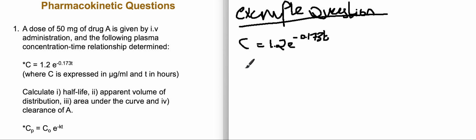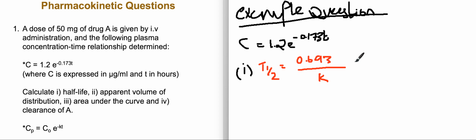The first one is to calculate the half-life. You know half-life is equal to 0.693 divided by K. So you can easily do this as 0.693 divided by 0.173.